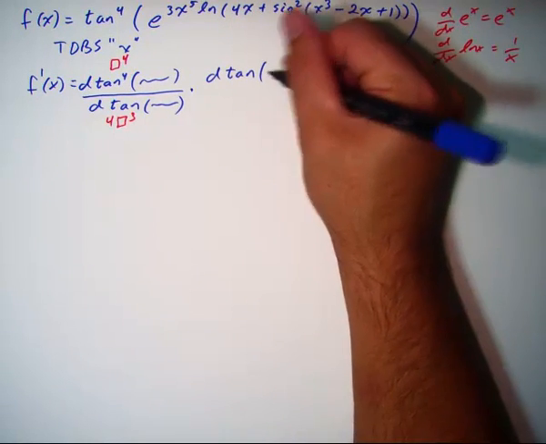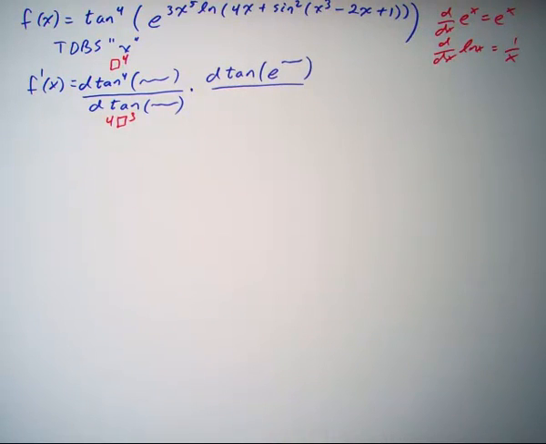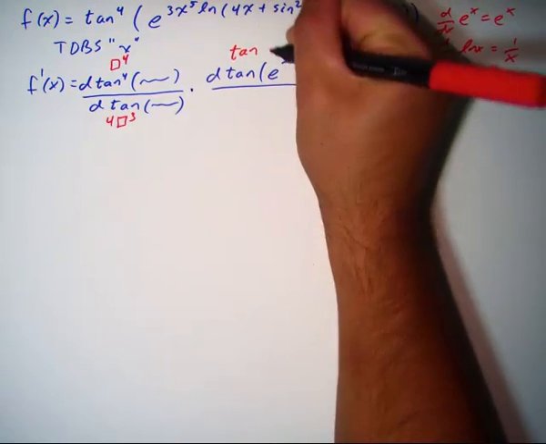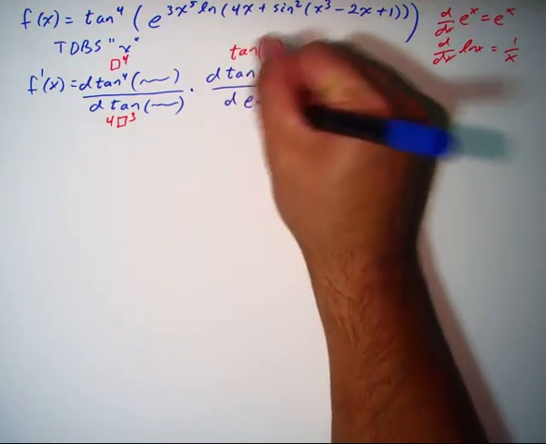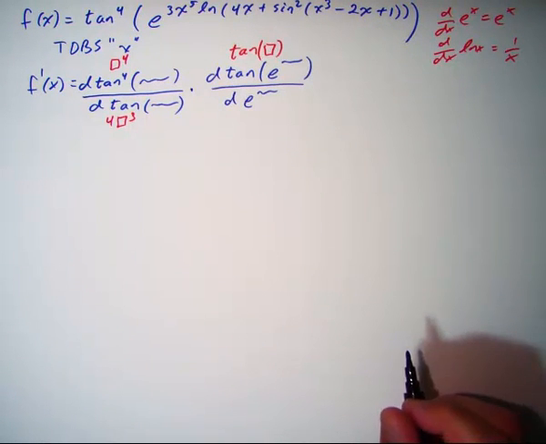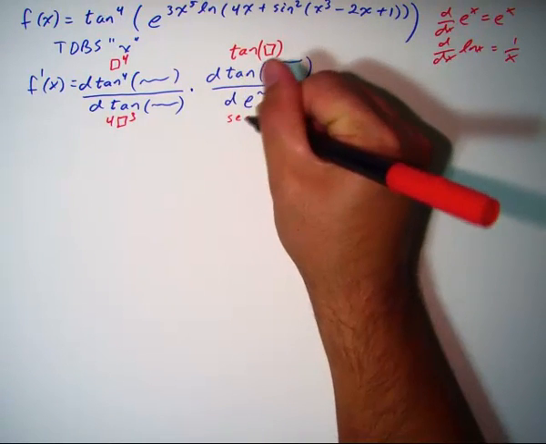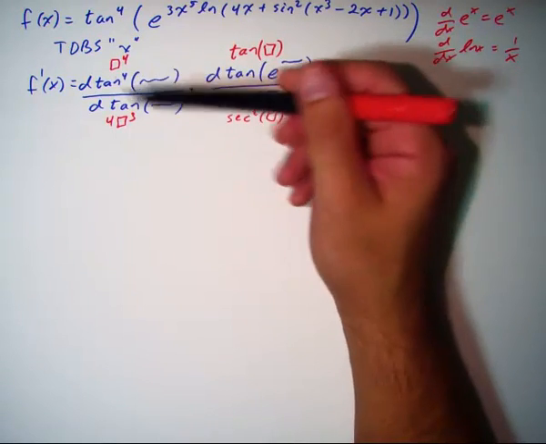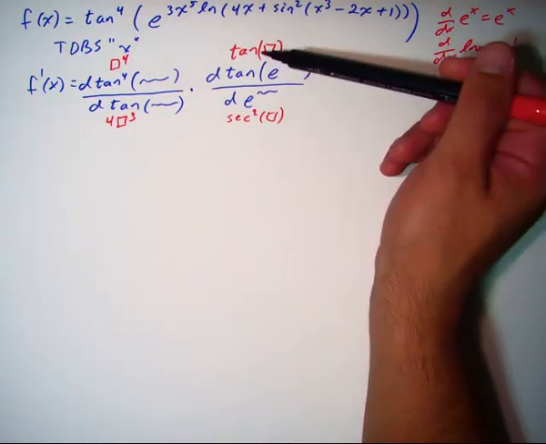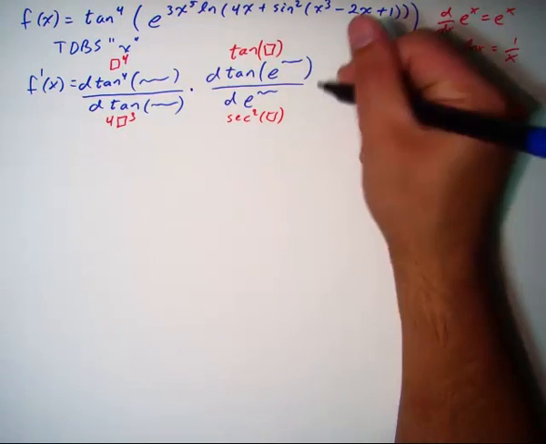The derivative of tan of e to the whole bunch of stuff, well, I can look at this as tangent of something, and so I can take the derivative of it with respect to e to the whole bunch of stuff, and when I do that, the derivative is going to be secant squared of box. Obviously, in my proper solutions that I write up for an assignment, I won't have these little bits, but they do give you exactly what you're going to have in your next step.